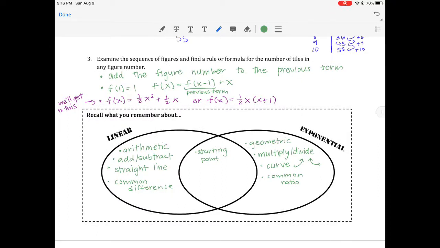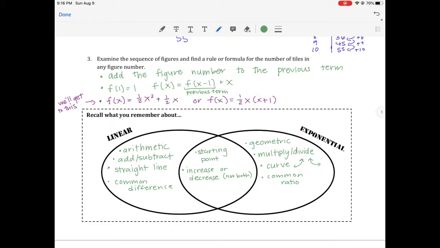They both only go one direction, so they both either increase or decrease. They don't do both. And maybe you have some other thoughts that I don't have there, but those are the types of things that you should know at this stage, as we're thinking about this unit, because we're going to learn something new.